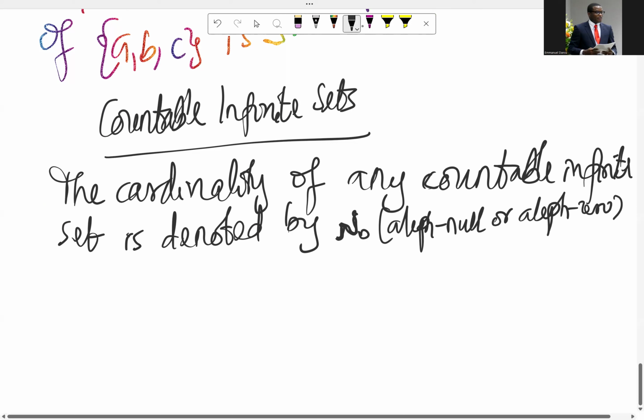So I'm sure I didn't write that well. It's some special N with a 0 like that, the aleph null or aleph 0.